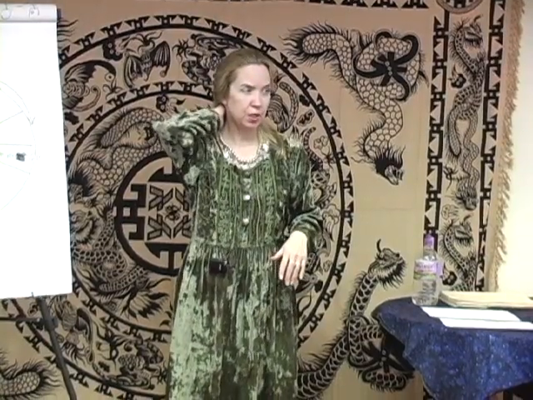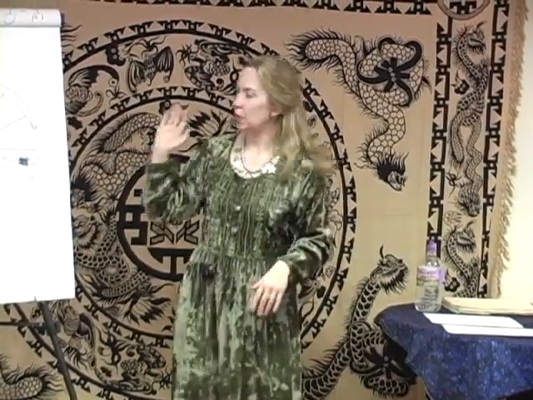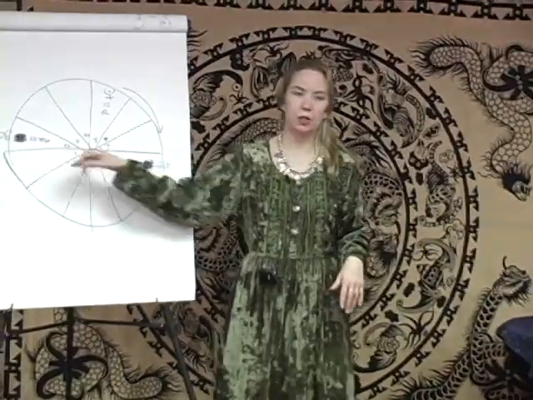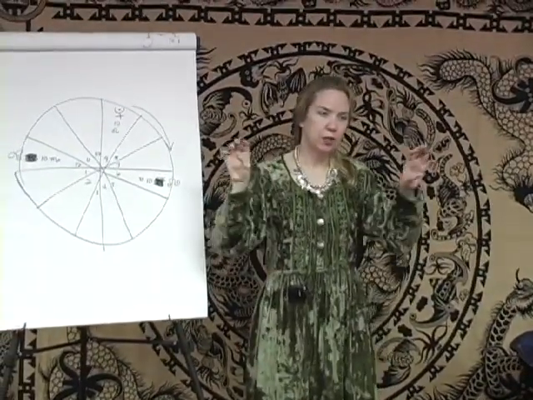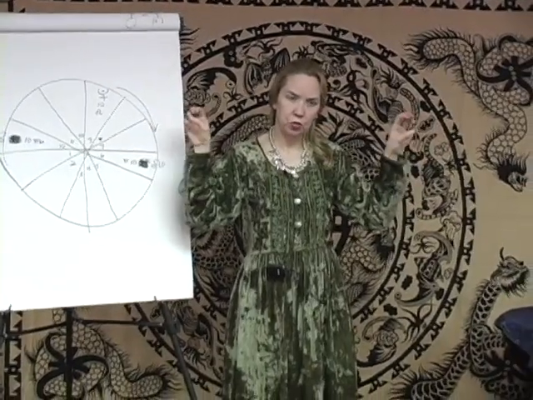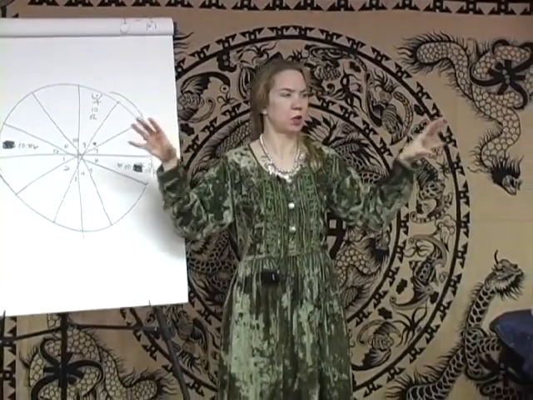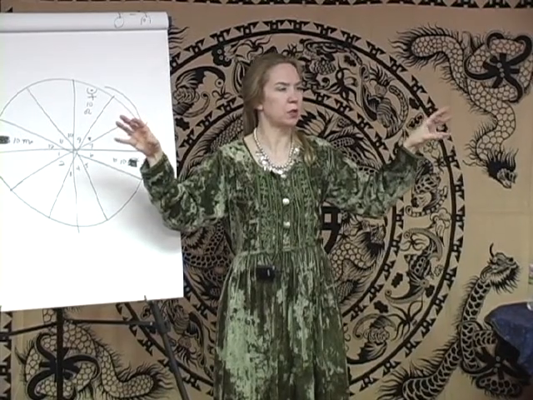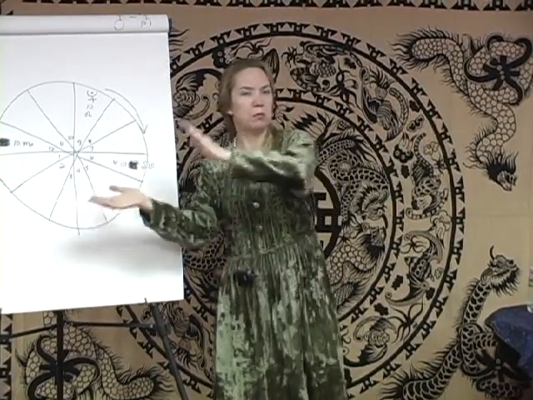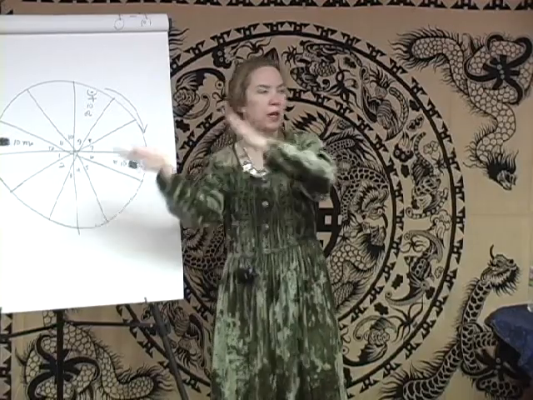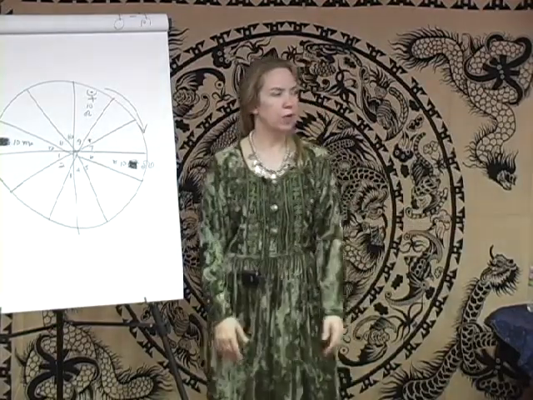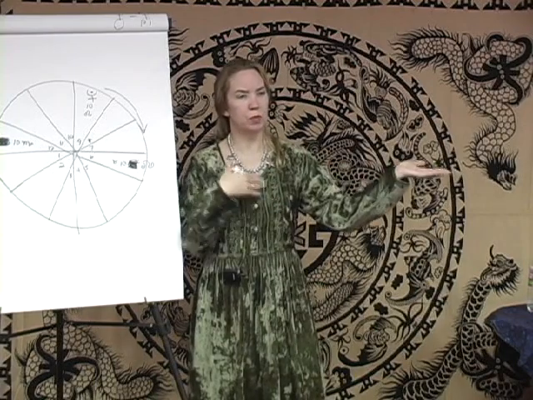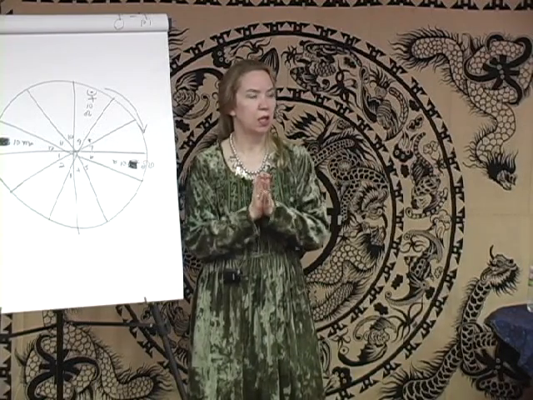What happens when we have planets square the nodal axis is those two nodes will give us extremes of behavior or extremes of examples, and yet we've not made this progression from the past to the future, or we've not made the progression from one extreme of behavior to the other.